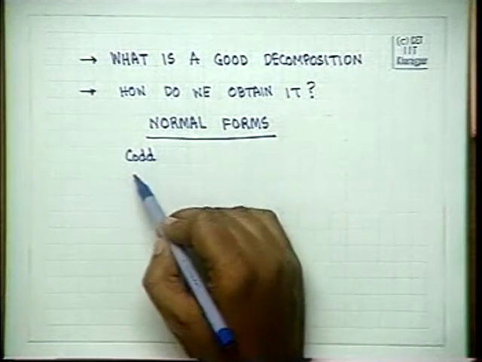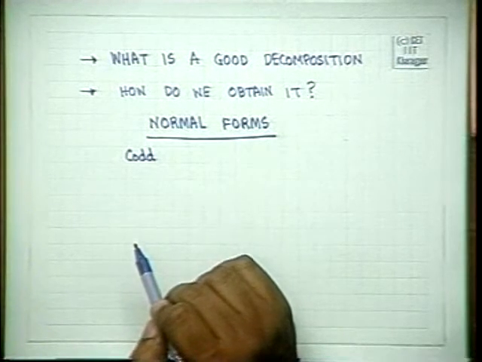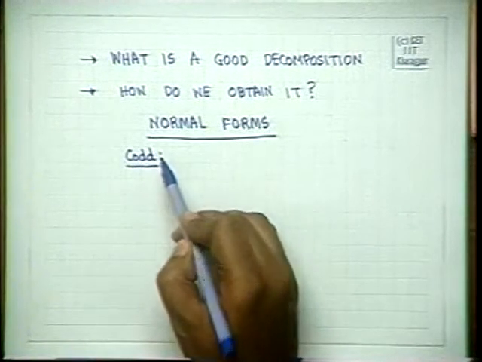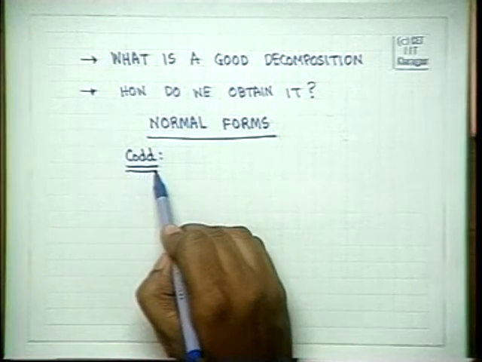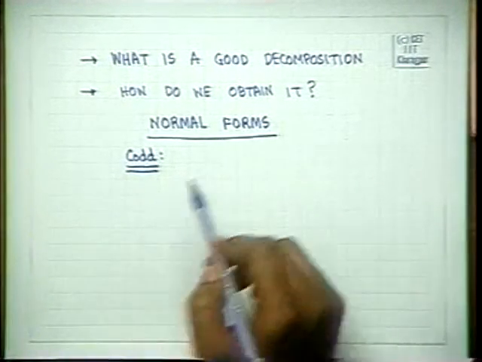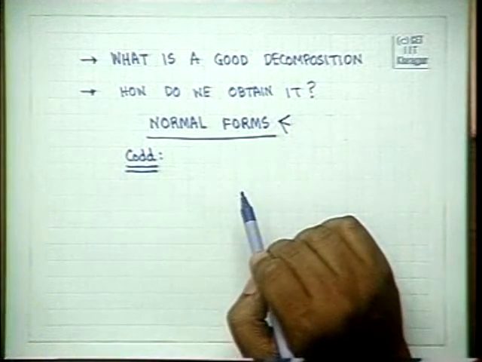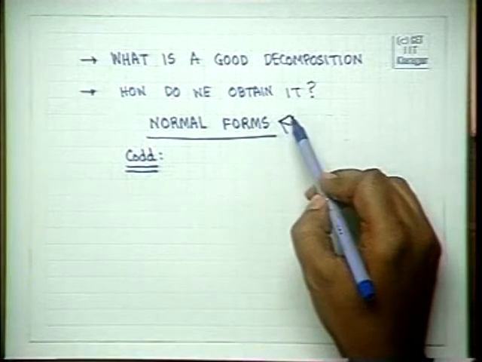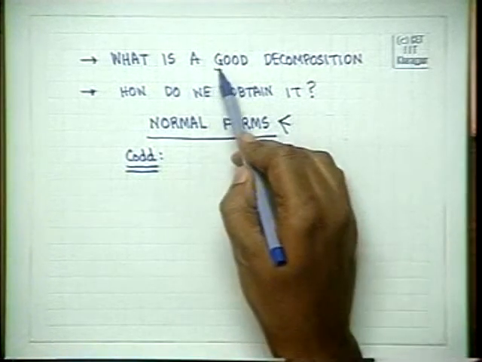In fact, Codd has introduced many other important things in computer science, but he introduced this relational database model, and in this relational database model he introduced the concept of normal forms. So, it has got historical importance as well as importance in terms of what is a good decomposition.